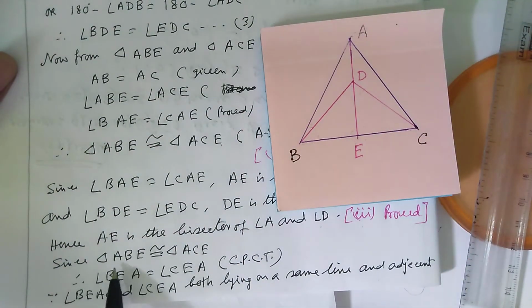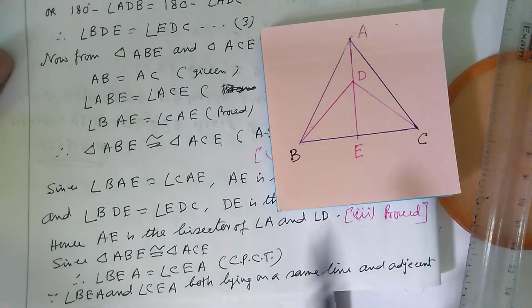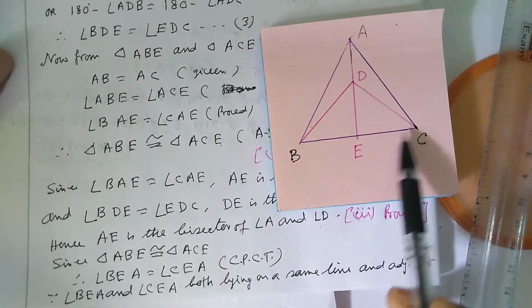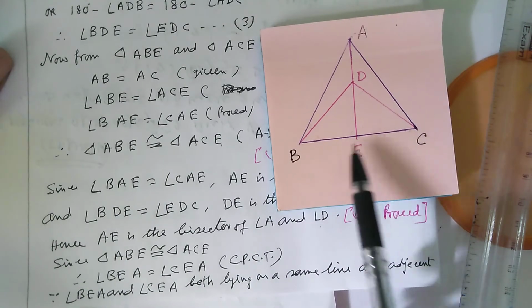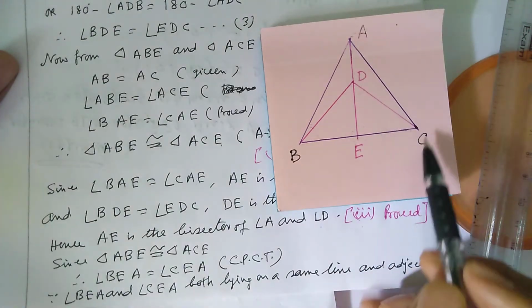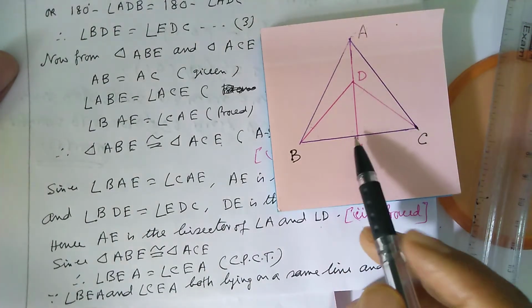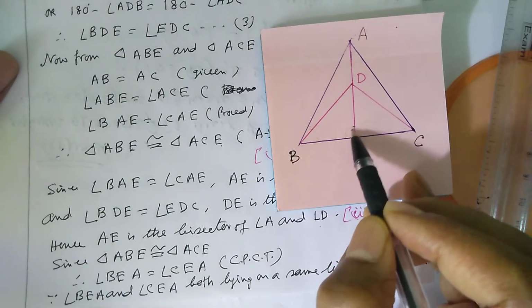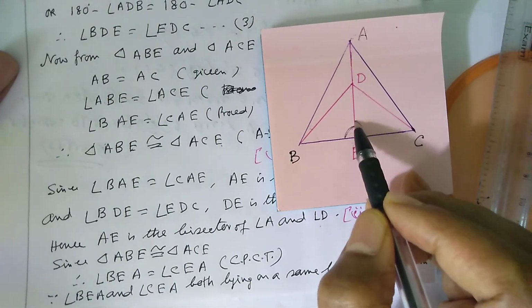Since triangle ABE congruent with ACE, BEA equals CEA, common part of the congruent triangle. This angle equals this angle.